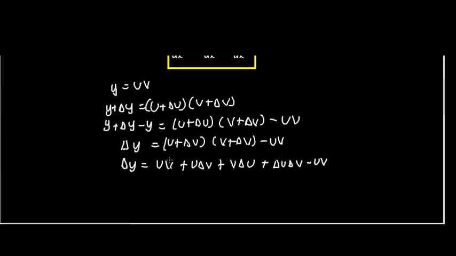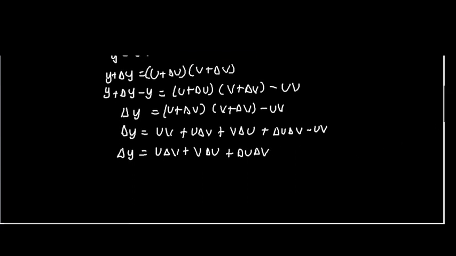Note that this uv will cancel out with this uv, and we shall remain with change in y equal to u change in v plus v change in u plus change in u change in v.